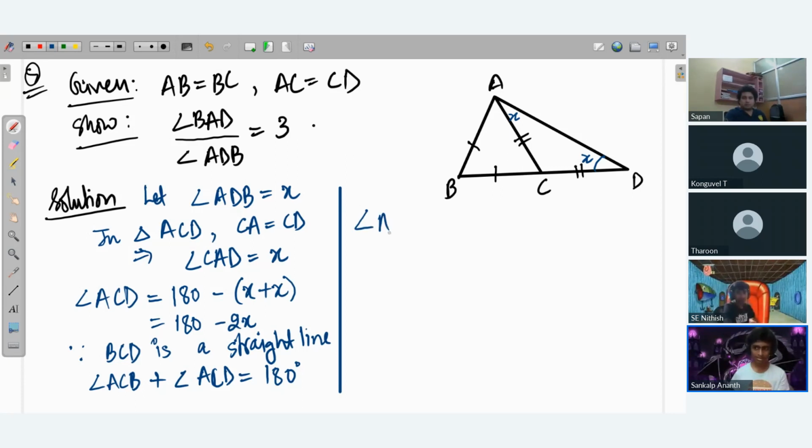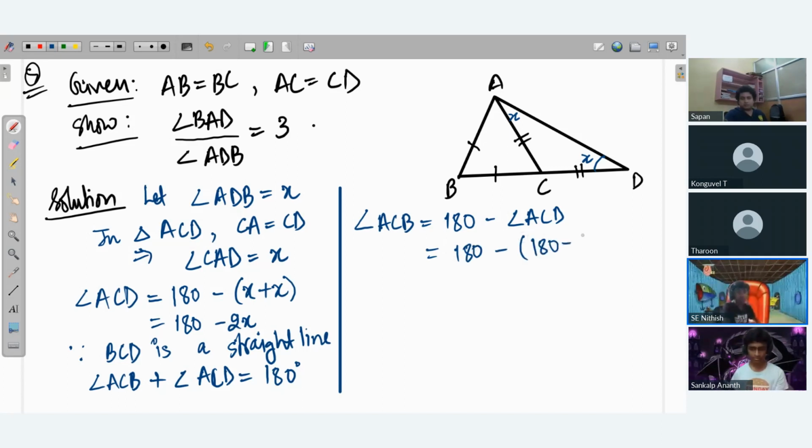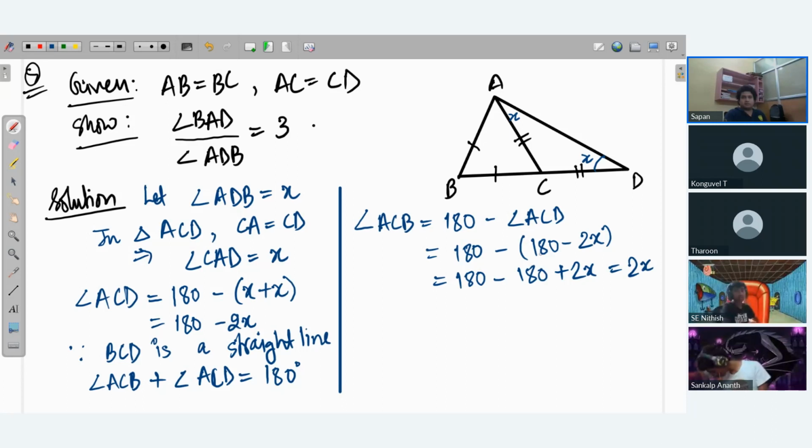It is 180 minus ACD, and ACD is 180 minus 2x. The 180s cancel, and angle ACB becomes 2x.